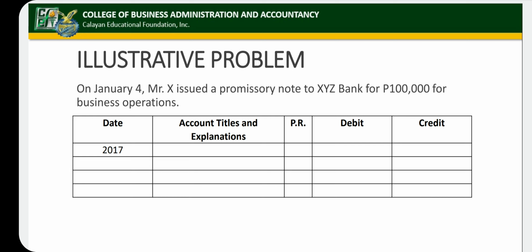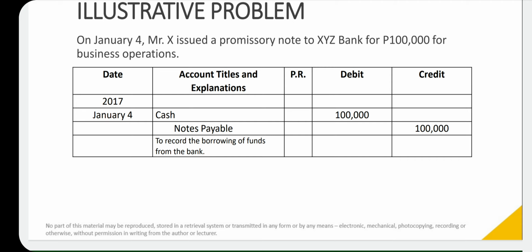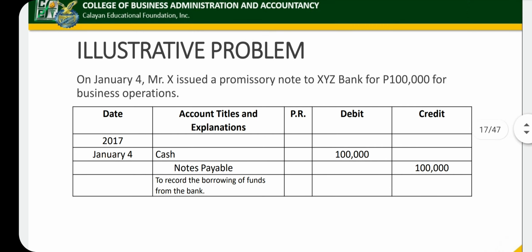We're going to record it as a notes payable since we issued a promissory note. So, we're going to write the date, the account titles affected in the business transaction. So, in this case, we debit cash, then we credit notes payable in the amount of 100,000 pesos. So, to record the borrowing of funds from the bank.